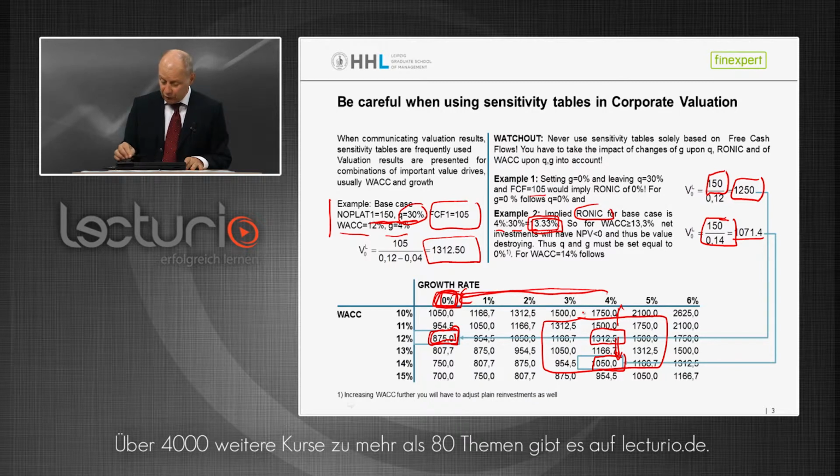If we really want to make bigger steps, then we can no longer work with a constant retention rate of 30%. Our table will have to be adjusted so that for these steps downwards we adjust the retention rate as well. So it's then no longer this simple Excel sensitivity table.